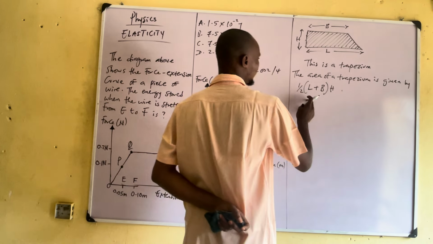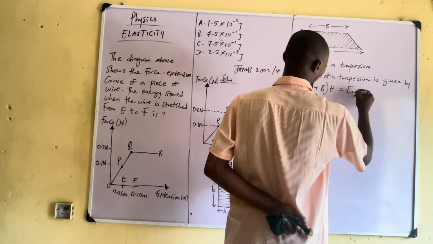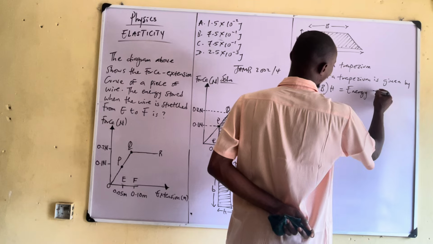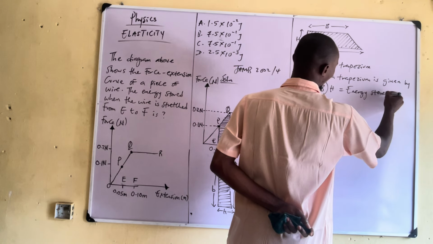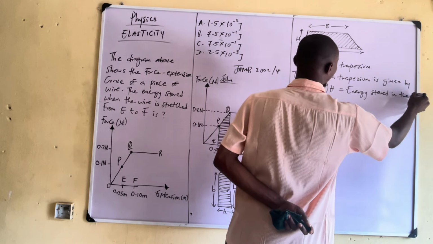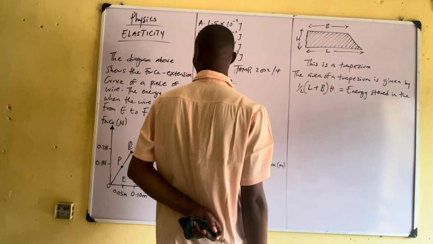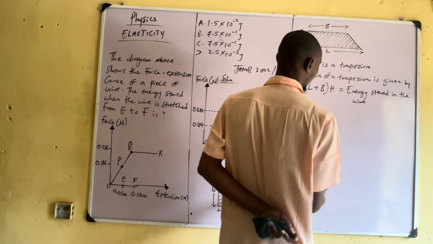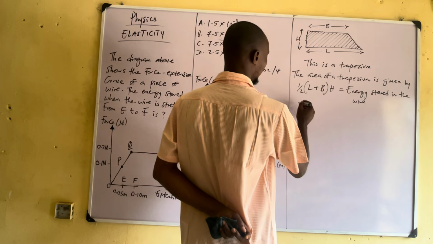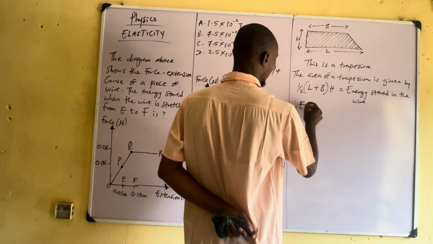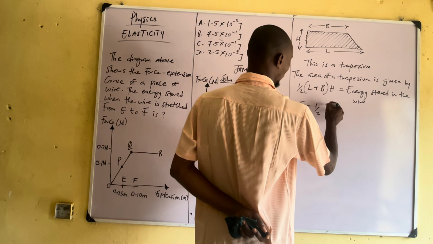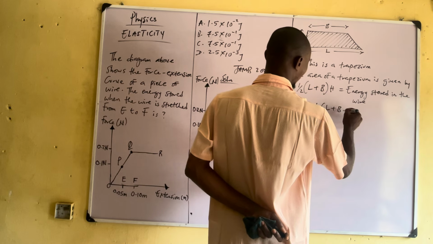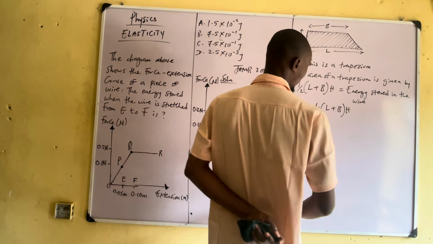This area of trapezium is equal to the energy stored in the wire. So therefore E is equal to 1/2 bracket length plus breadth times height.